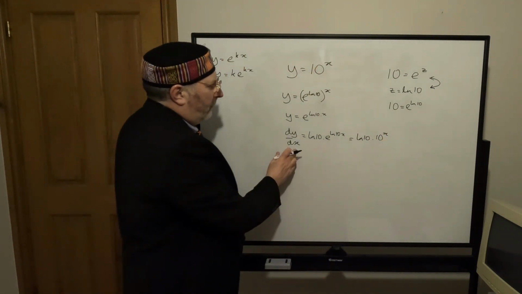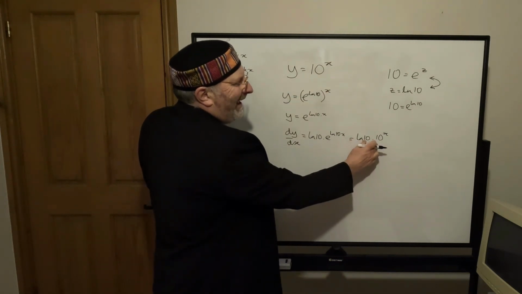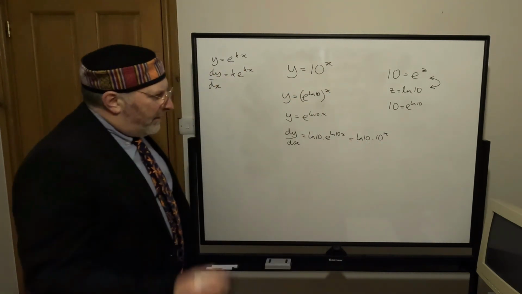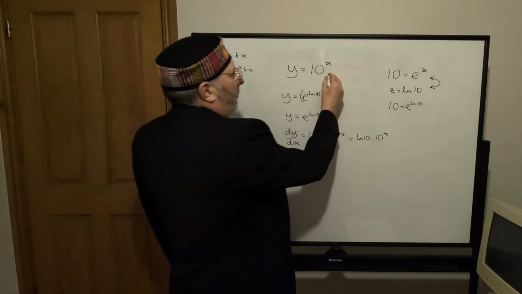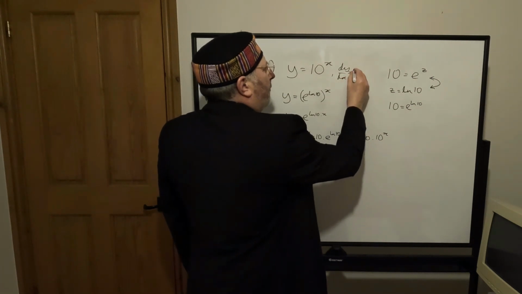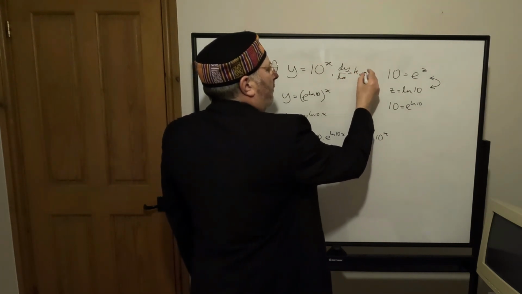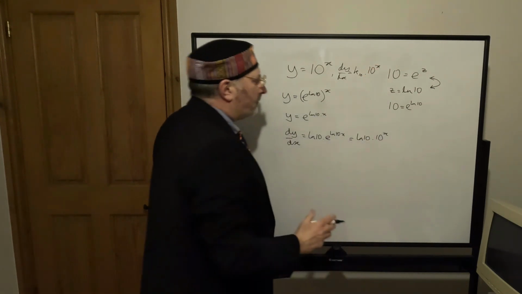So dy by dx, if y equals 10 to the x, dy by dx is log 10 times 10 to the x. And if you remember earlier, I said that when y equals 10 to the x, dy by dx equals some constant, which I just wrote as k10, times 10 to the x.